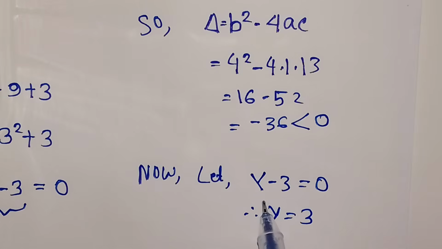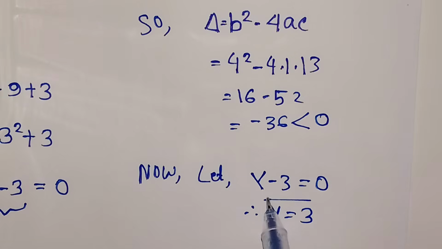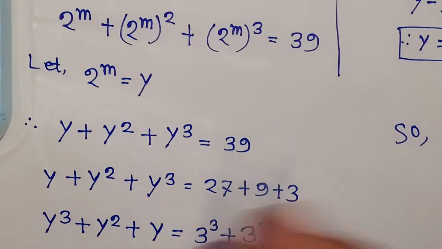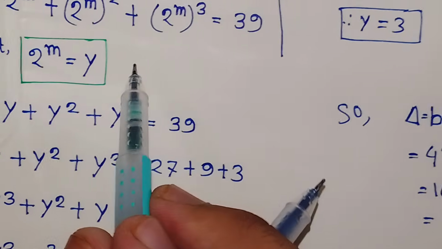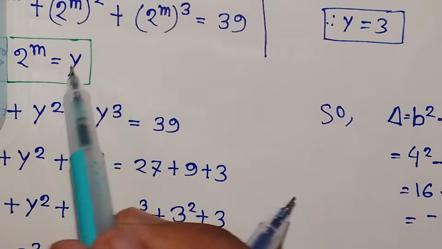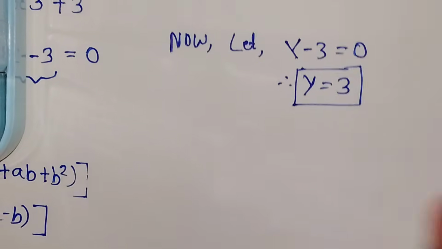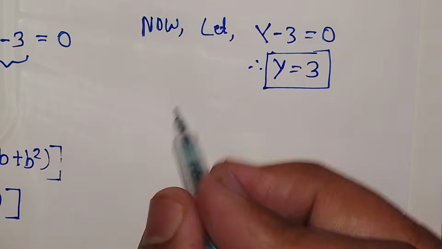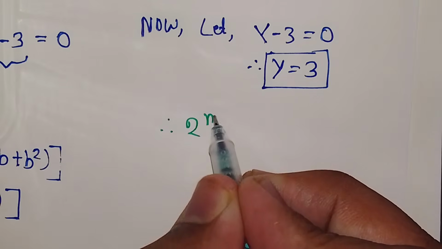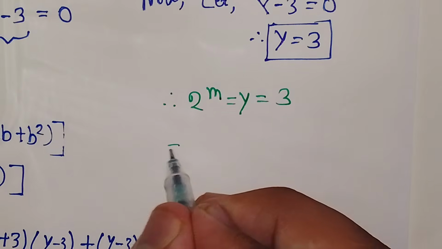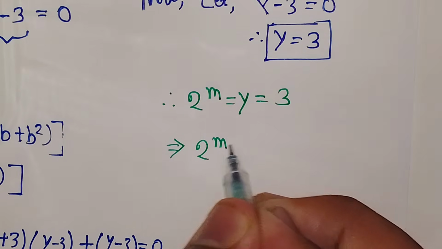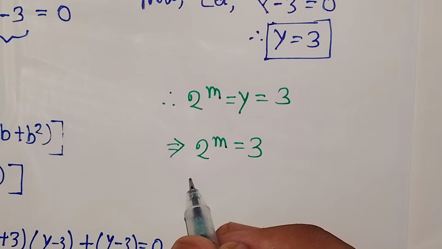So now we can write y minus 3 equal to 0. So the value of y is equal to 3, and y is equal to 2 to the power m. So just compare them both and we'll get 2 to the power m is equal to y, and y is equal to 3. So now here we can write easily 2 to the power m is equal to 3.